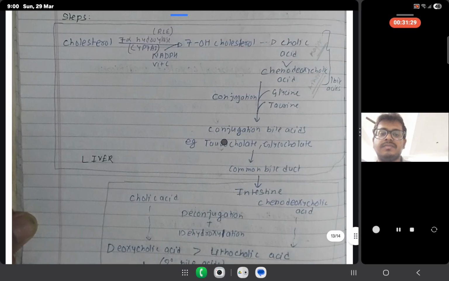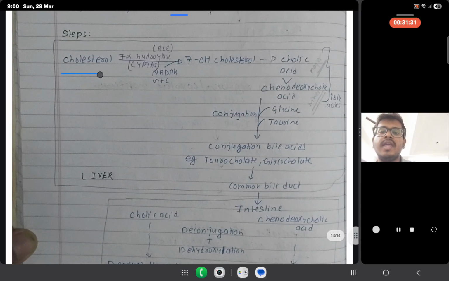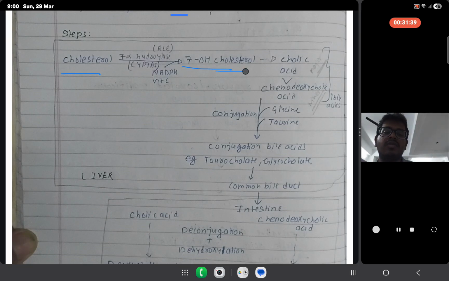Now, the steps. Cholesterol, in the presence of 7 alpha hydroxylase, the rate limiting enzyme, is converted to 7 alpha hydroxycholesterol. In multiple steps, it is converted to cholic acid. Cholic acid is major, and chenodeoxycholic acid is minor.